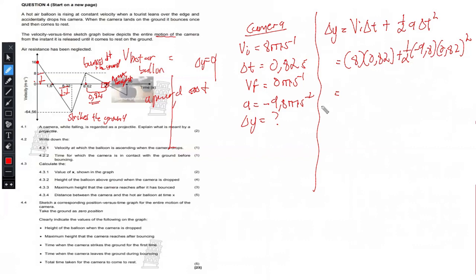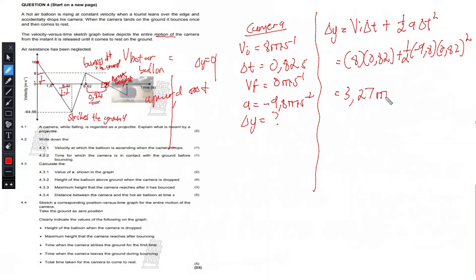It gives you 3.2. Okay, so let's check. 8 multiplied by 0.82 plus half multiplied by negative 9.8 multiplied by 0.82, and then you square that, right? So this is giving us 3.26527, which we can take as 3.27, rounding off to 2 decimal places, right?